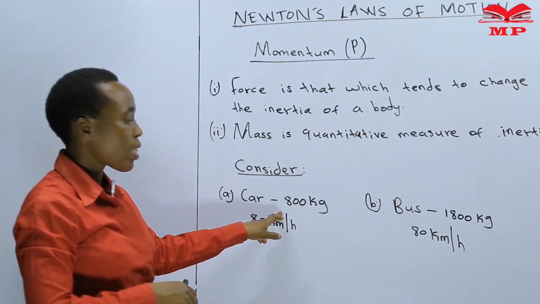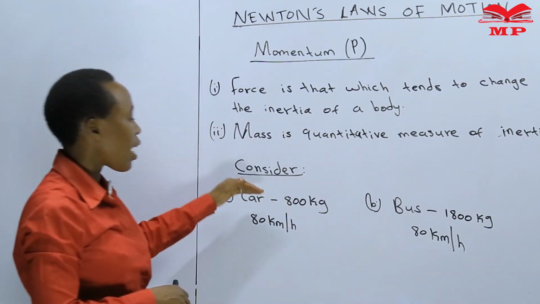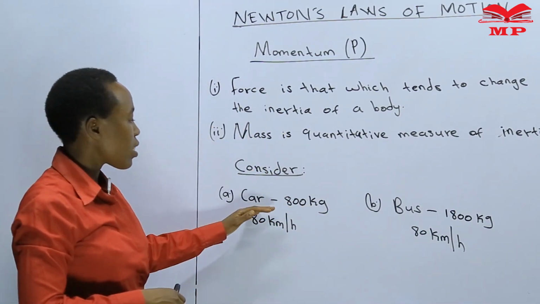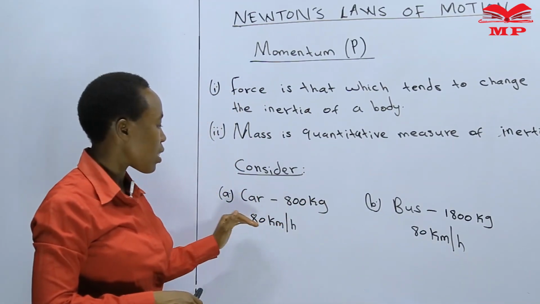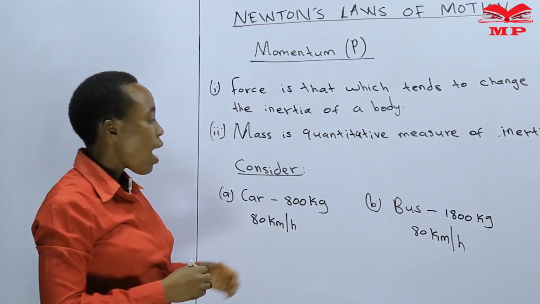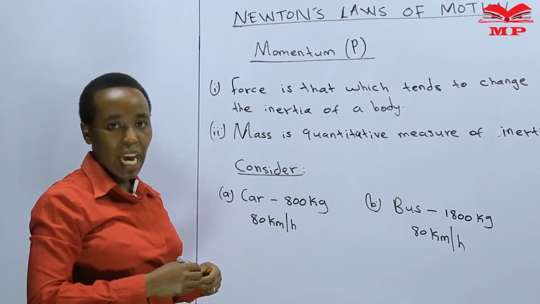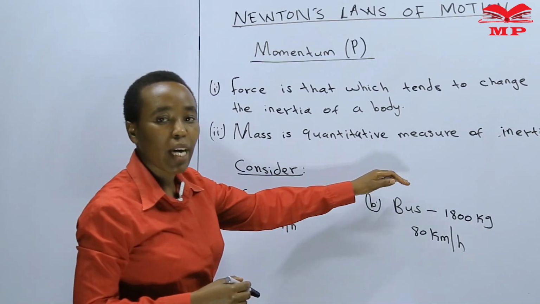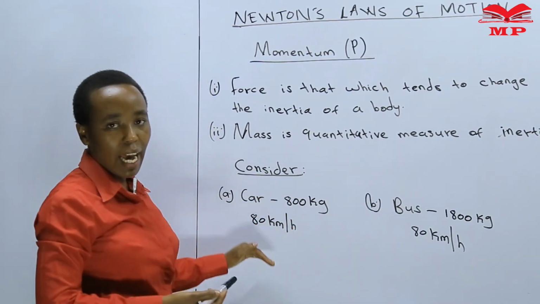Therefore, for the bus to stop, we require more braking force than for the car. This is due to their masses, because the speed is the same, 80 kilometers per hour. Therefore, mass is a quantitative measure of inertia, and the bus has more inertia than the car.